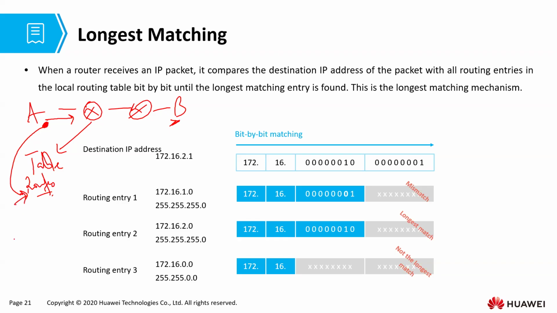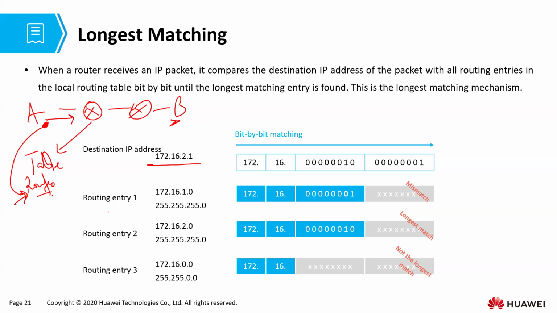So we have other cases where the routes, my entries in the routing table, all match the destination network. In this example, you can see our packet is destined for the host 172.16.2.1.